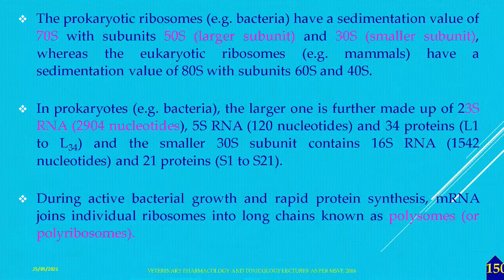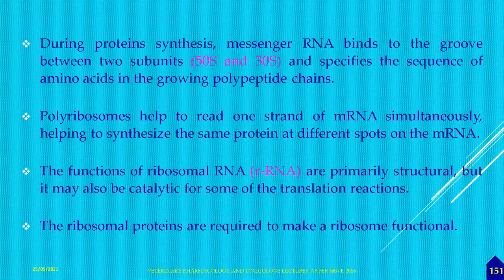The mRNA has a very specific code, and this brings all these subunits together to form the polysomes, also known as polyribosomes. During protein synthesis, the messenger RNA binds to the groove between the two subunits, 50S and 30S, and specifies the sequence of amino acids in the growing polypeptide chain. The polyribosomes read one strand of the mRNA, simultaneously synthesizing the same protein at different spots of the mRNA.